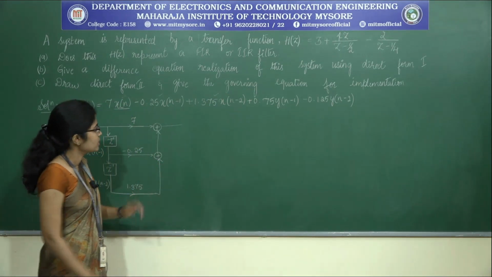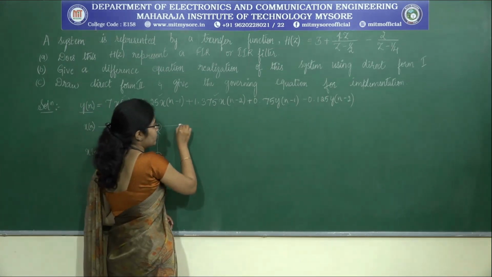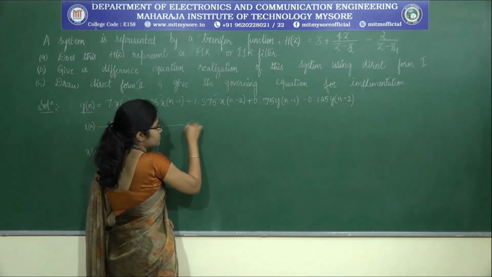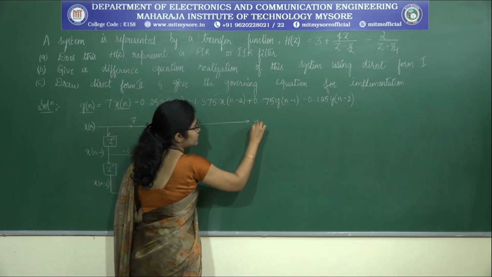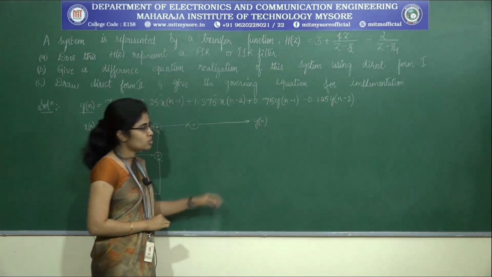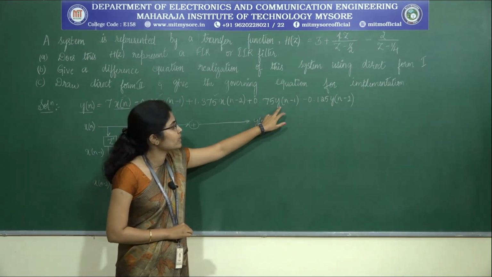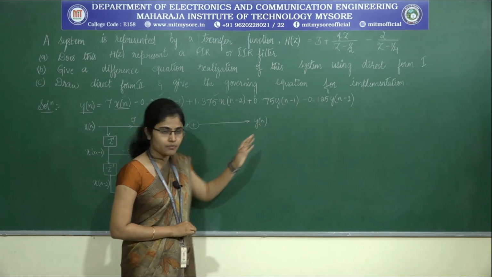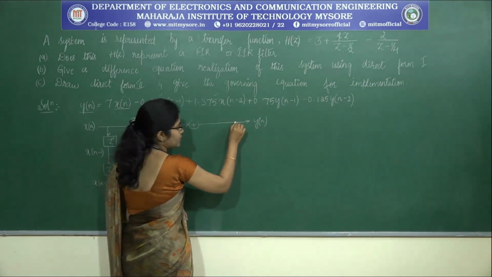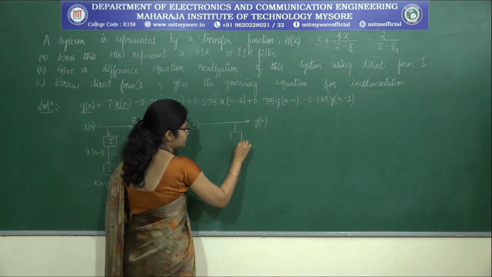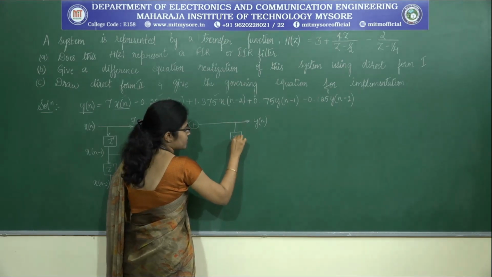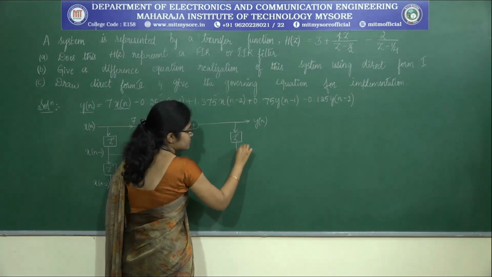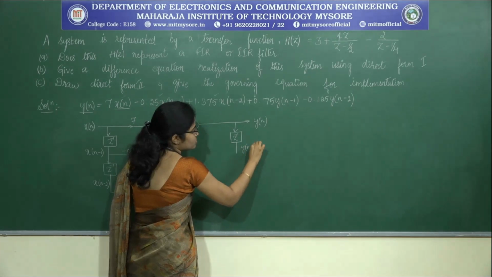Okay. Now, at the end what do we do? We get the output. So, here we get the output. Coming to the fourth term, y of n minus 1 will be the previous output. So, delay y of n once. This gives us y of n minus 1.